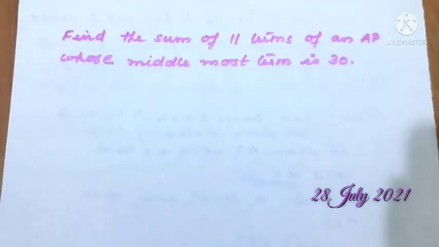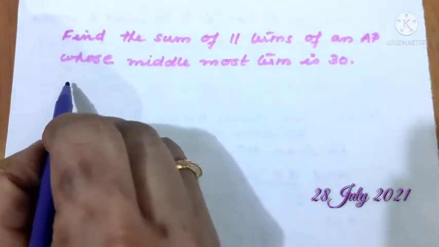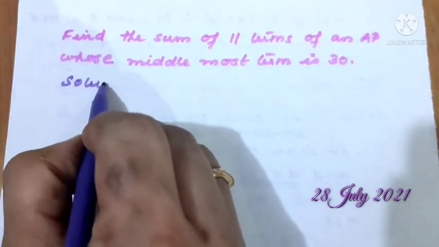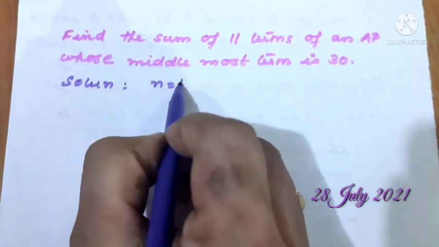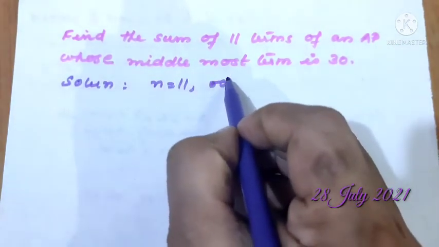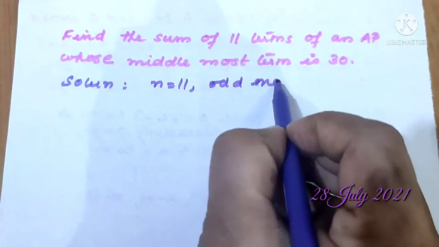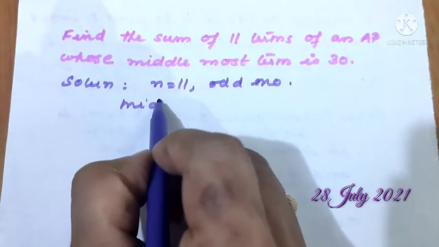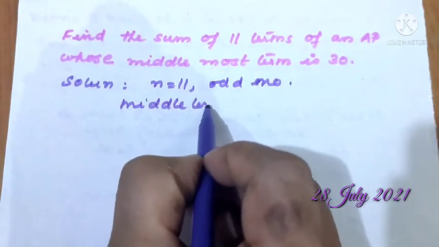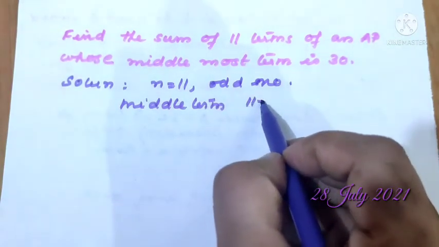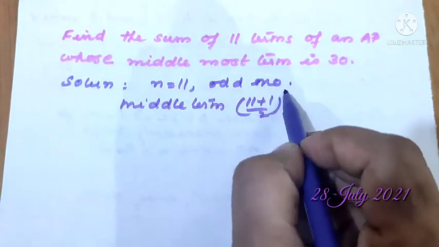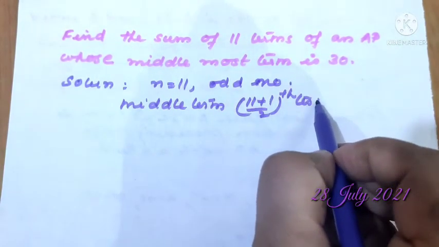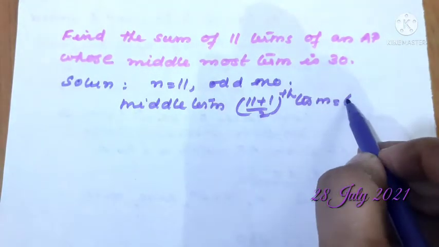Find the sum of 11 terms of an AP whose middlemost term is 30. So N equal to 11, it's an odd number, right? So the middle term is the 11 plus 1 by 2th term, that means the 6th term.